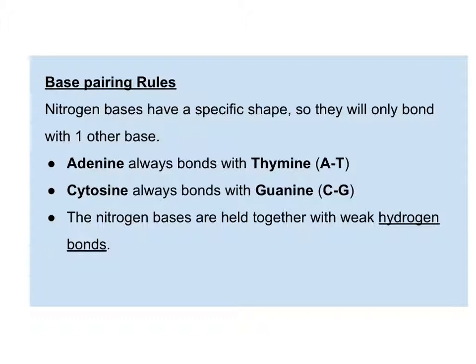And the last slide of this little Ed puzzle, the base pairing rules. Nitrogen bases have a specific shape, so they're only going to bond with one other base. Now, this is very, very important that you write this down, and it's really, really easy. The nitrogen base adenine always bonds with the base thymine.